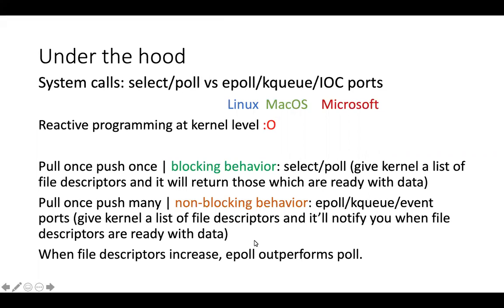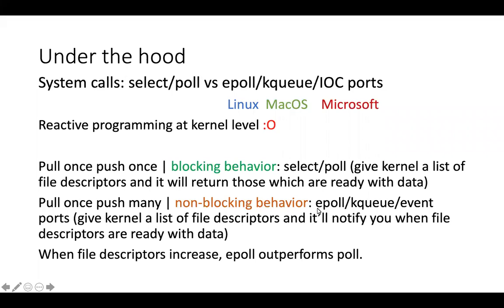And what I was initially going on about regarding fractals, you can see there also we are doing the same thing, even at the kernel level. We are reactively handling these notifications at the kernel level. So right from kernel level to code level and then to the system design, we are trying to follow those four principles. That is why we are saying that this is non-blocking behavior with epoll.